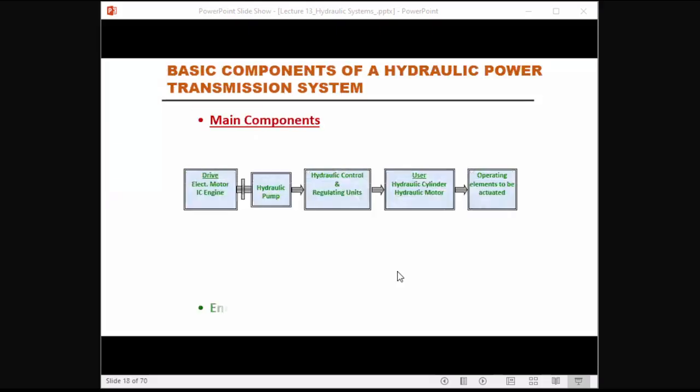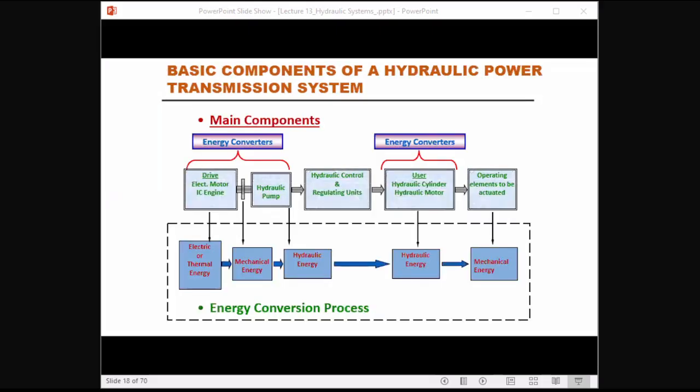Then here you can see the basic components of a hydraulic power system. What are the basic components? Main components. Here you can see basically energy converters.